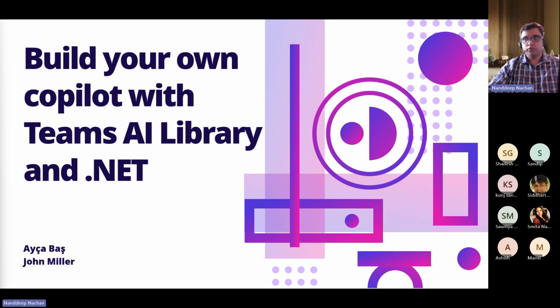Second thing, if you are a pro code person who likes to code and develop your Copilots, in that case, you can use various tools, such as the Teams AI library or even Teams Toolkit. Those are some of the things with which you will be able to create your own Copilot. Again, there are declarative Copilots or declarative agents that you will be able to use to create your own Copilots.